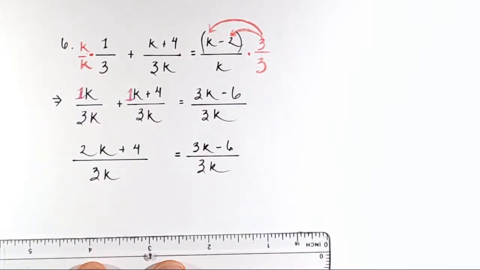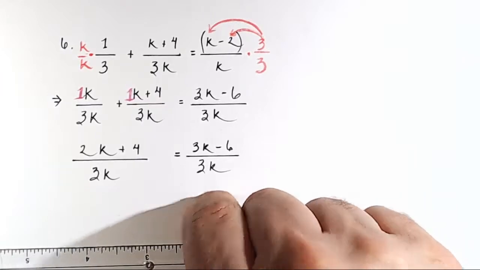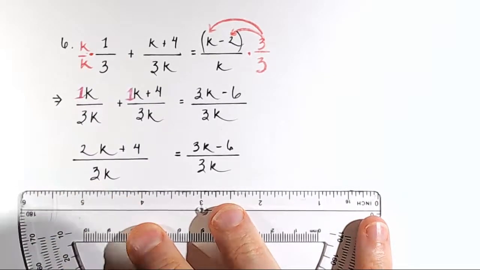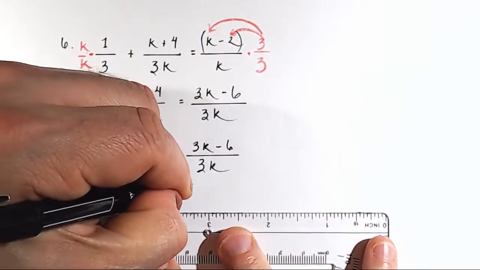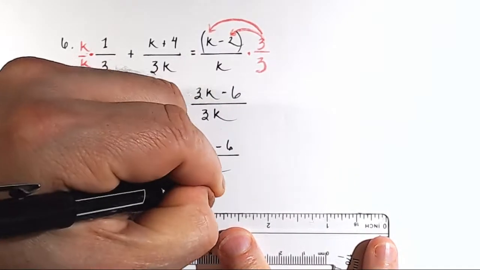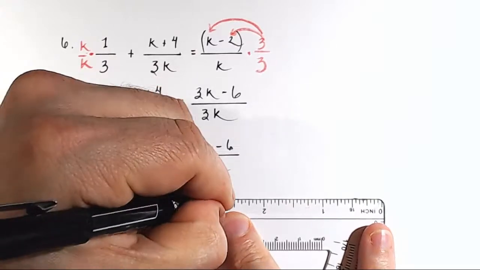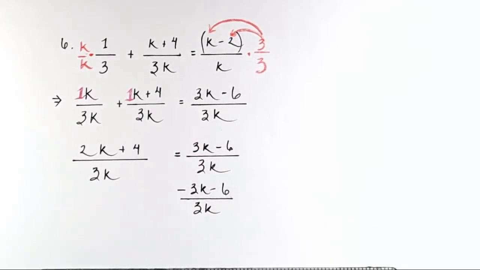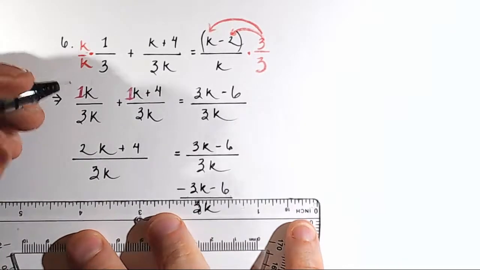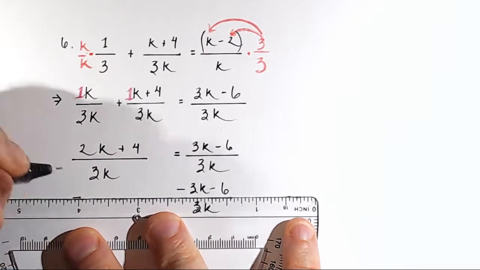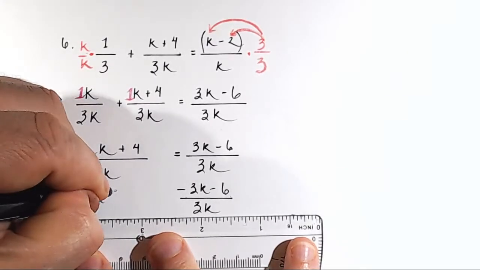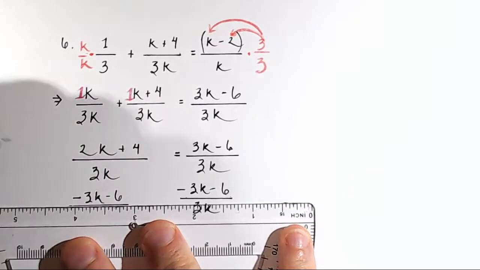Just like the last problem, we're now going to subtract everything on this side from both sides. So we'll subtract (3k minus 6) over 3k from both sides. I know it seems like a lot to write, but it's not much different than solving a single variable equation with integers.